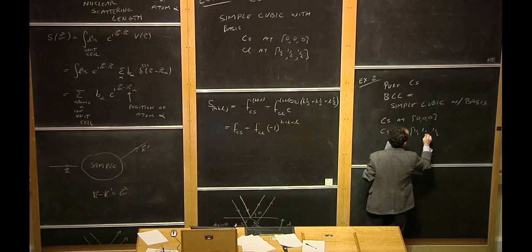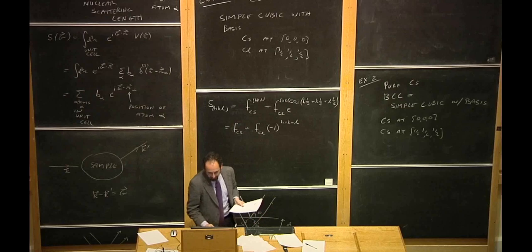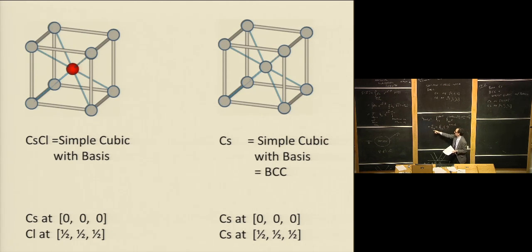So in other words, we're just replacing the chlorine by another cesium. We discussed this before, and so there's the picture of it. So you just replace the chlorine with the cesium. So we get exactly the same result, except now f chlorine, this is the chlorine from the center of the conventional unit cell, is going to be the same as f cesium.